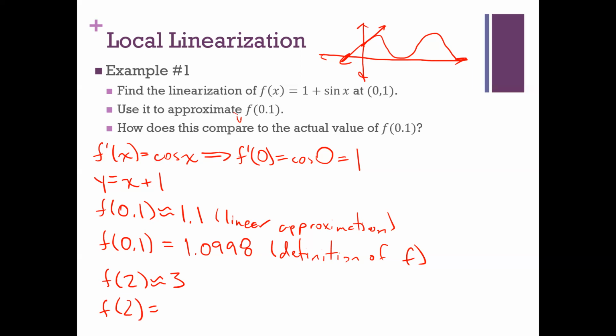What is the sine of 2 radians? 0.909, so this is going to be 1.9093. So that's a real bad approximation. So approximations are useful for some area, some region, but not everywhere.